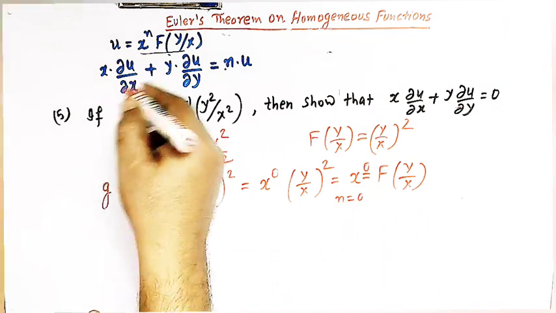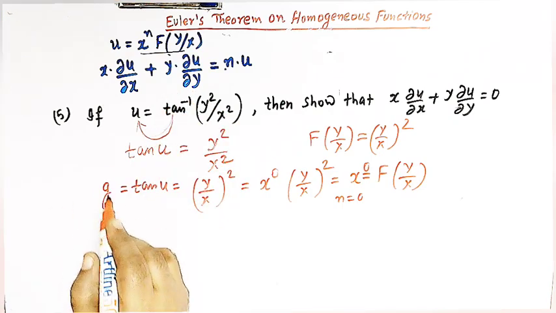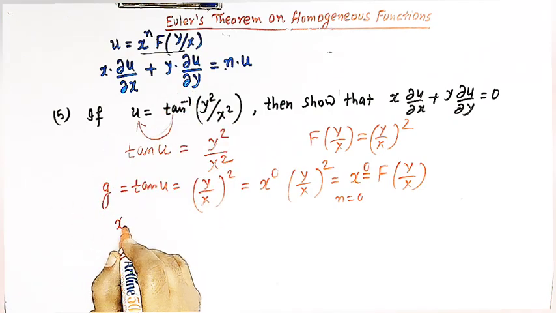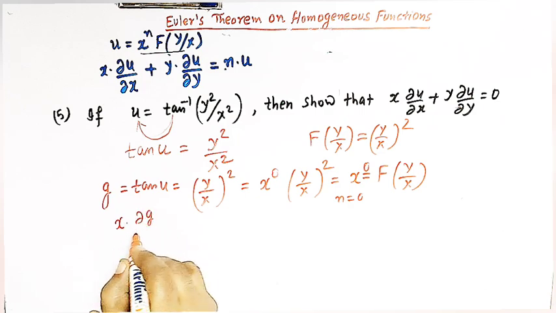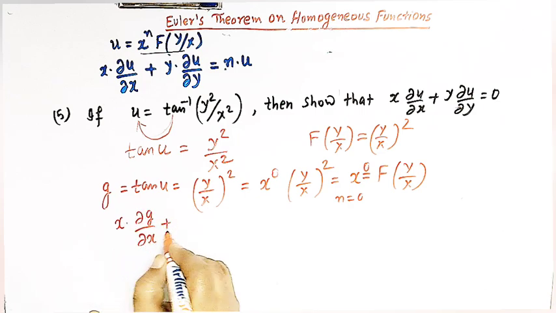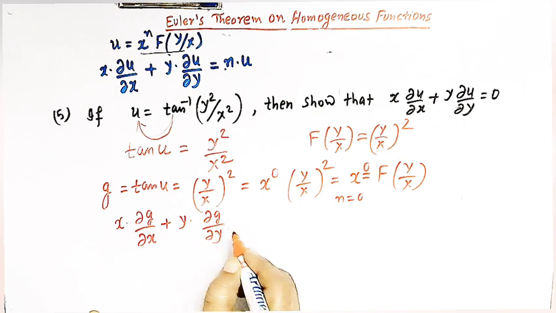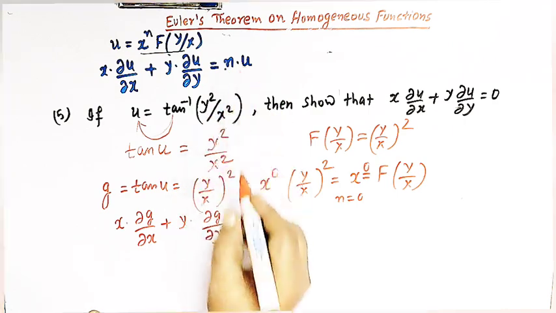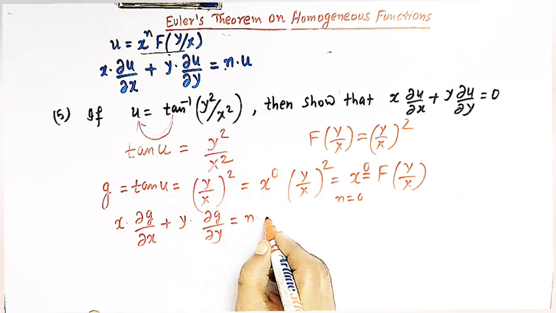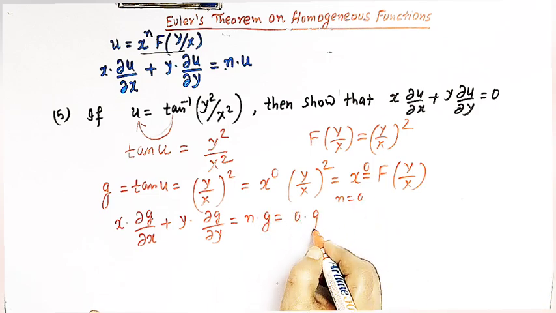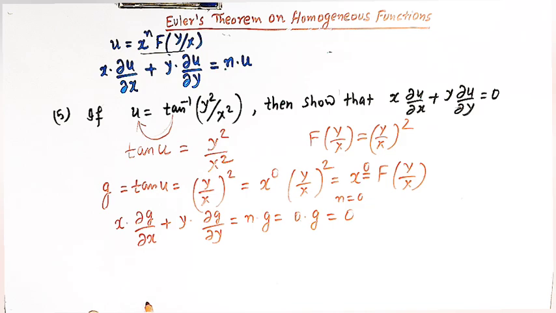So from Euler's theorem we can directly write for this function g as x times del g over del x plus y times del g over del y is equal to n times g, right, n times g, and n is 0, so we have 0 times g, that is equal to 0.